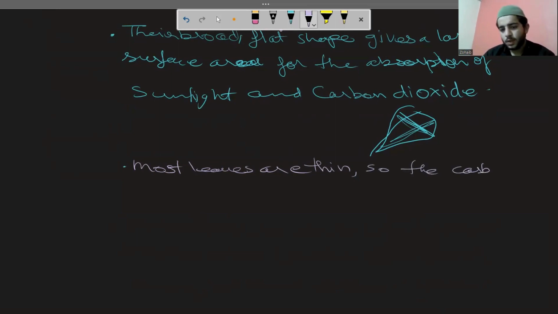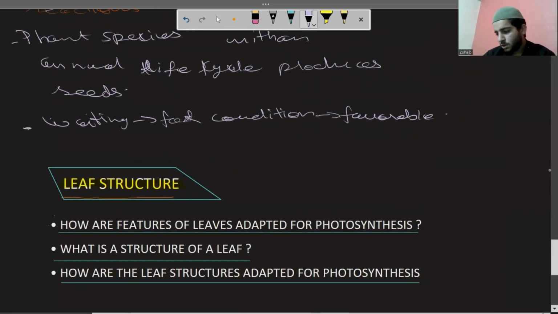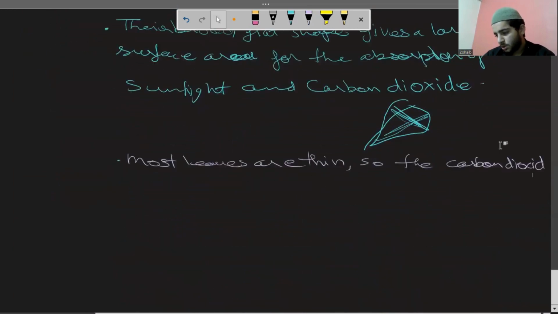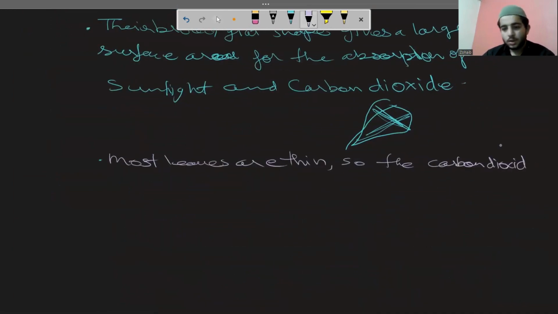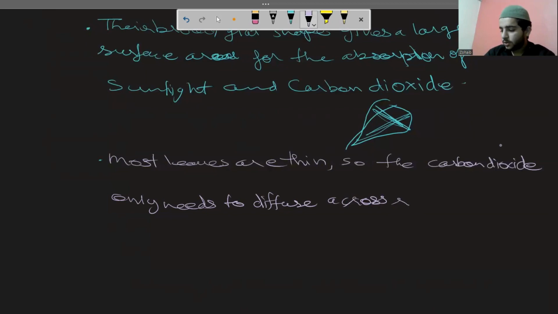So the carbon dioxide only needs to diffuse across short distances to reach the inner cells.